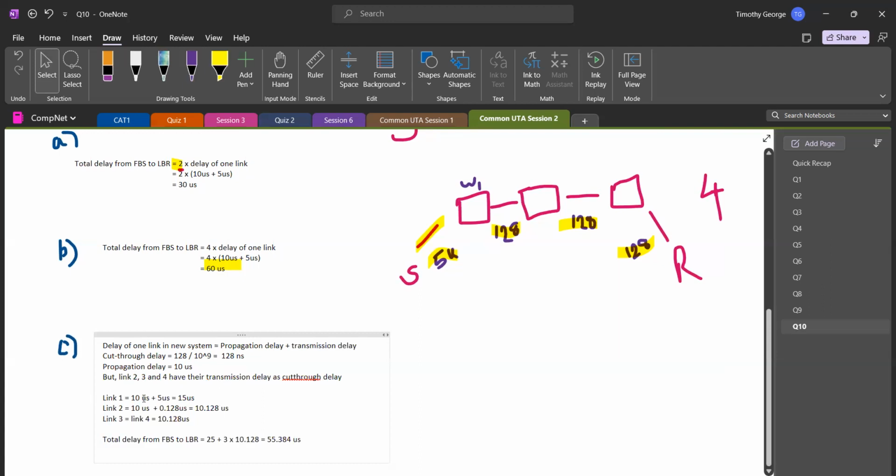So propagation delay plus a transmission delay, propagation delay plus a new transmission delay, and same for 3 and 4. Then we add it all together. We get 45.384. 384 what? Microseconds. So that's the answer.